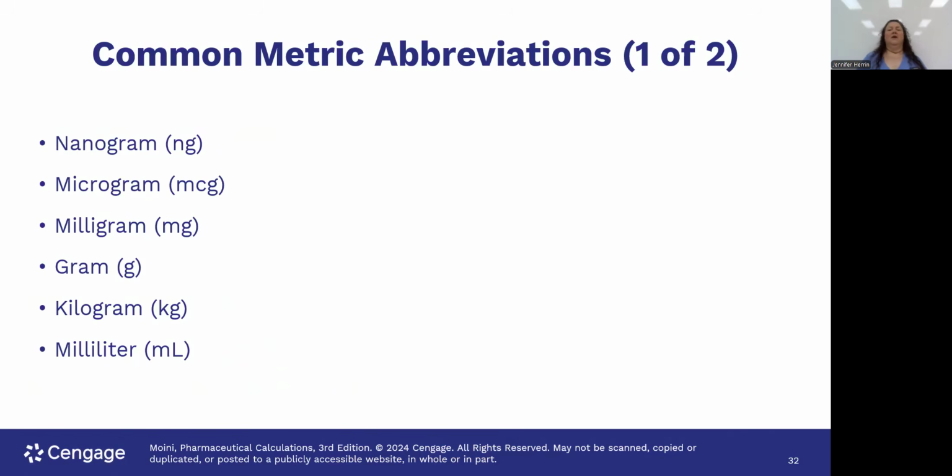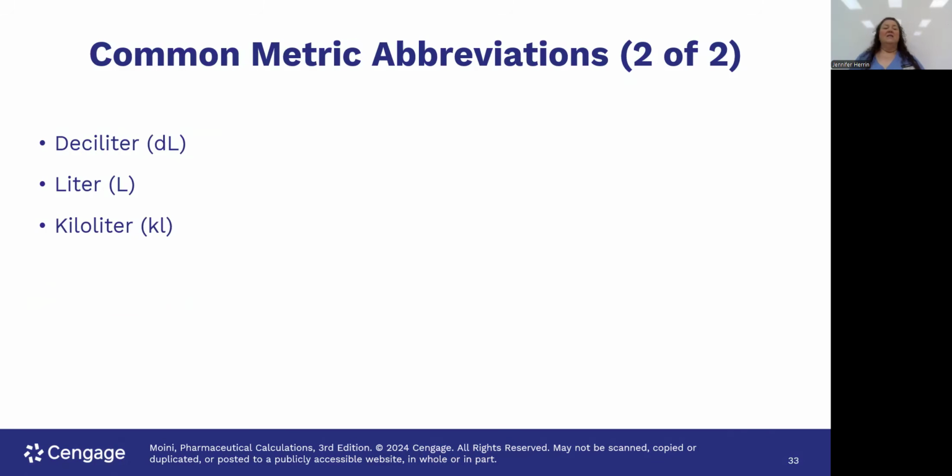Some other common metric abbreviations include the nanogram or ng. We have our microgram, which instead of the backward U, sometimes we'll use the mcg. Milligram, the gram, the kilogram, the milliliter, the deciliter, the liter, and the kiloliter.